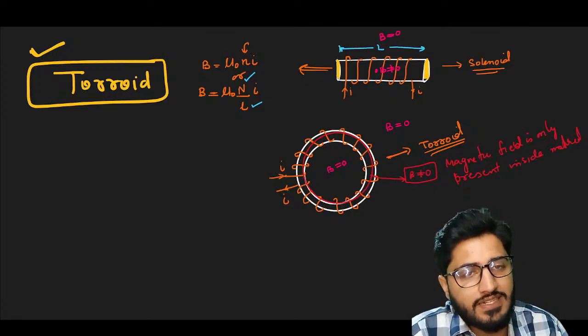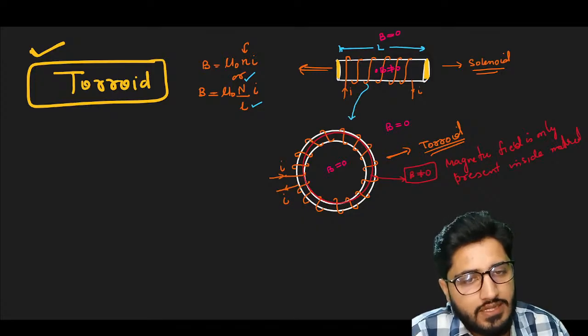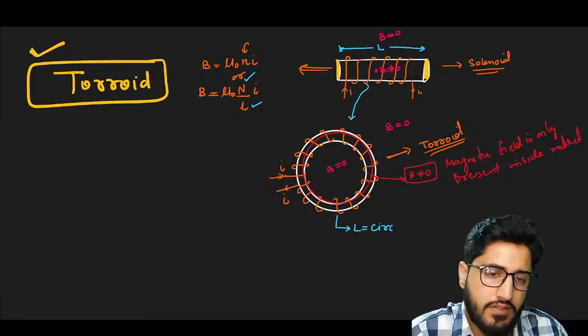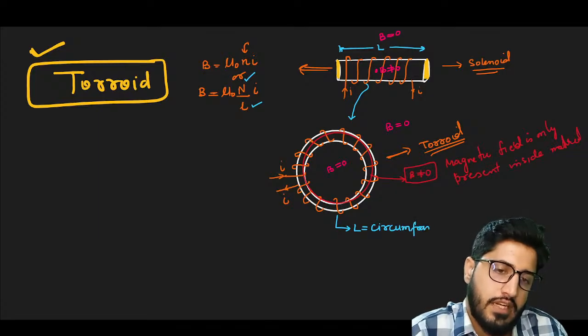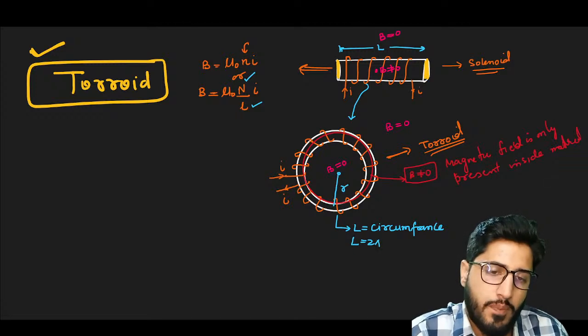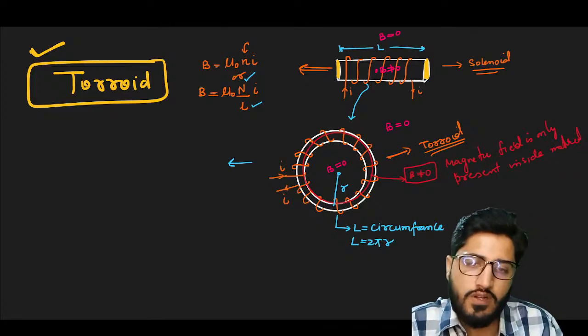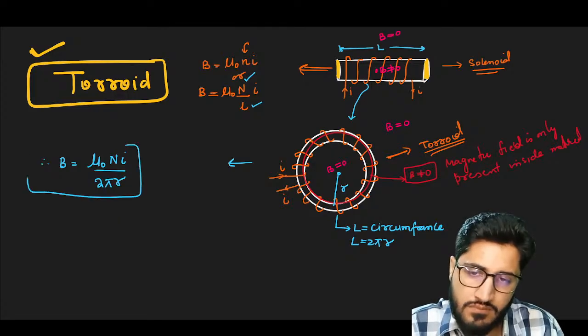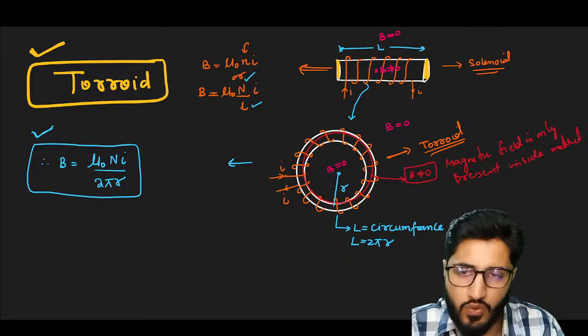As we turn the solenoid into a toroid, this length becomes the circumference of a circle. If the radius is r, then L equals 2 pi r. Therefore, for a toroid, B equals mu naught N i whole divided by 2 pi r. This is my equation for toroid.